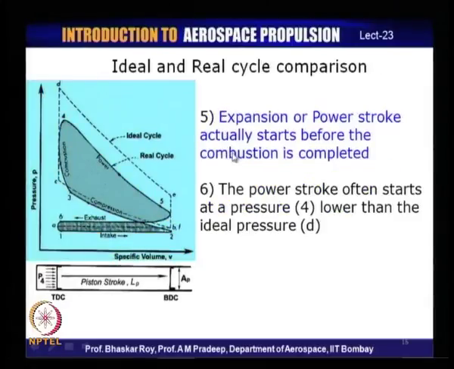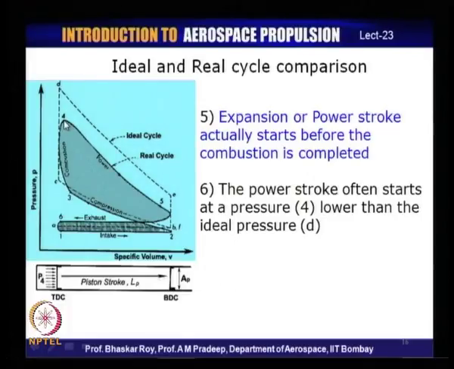This expansion process quite often starts somewhere over here, which means the expansion has in some manner started even before the combustion process is actually completed. And from here we can officially say that the expansion has started.